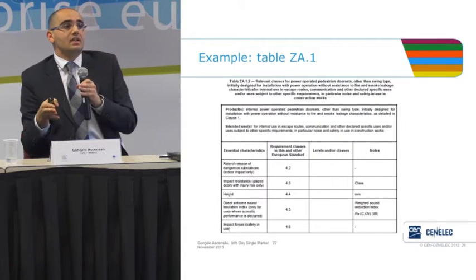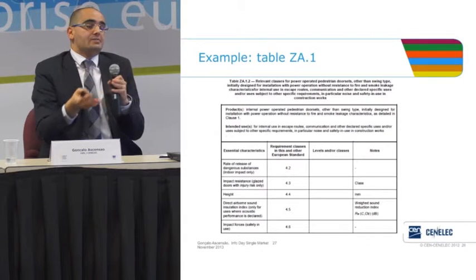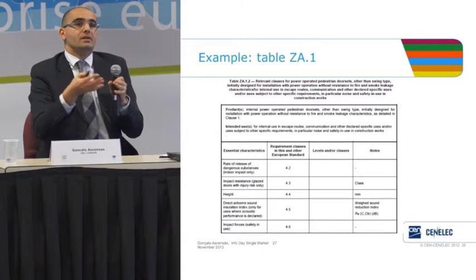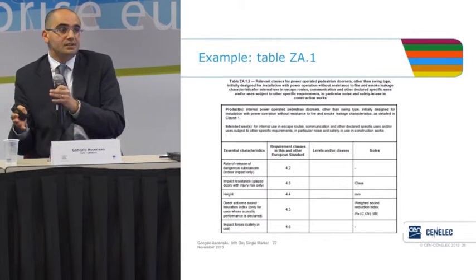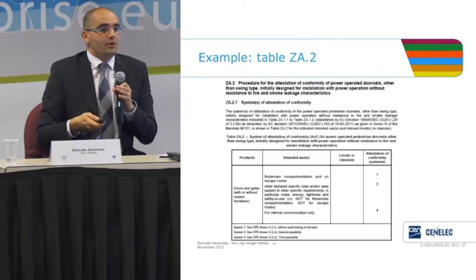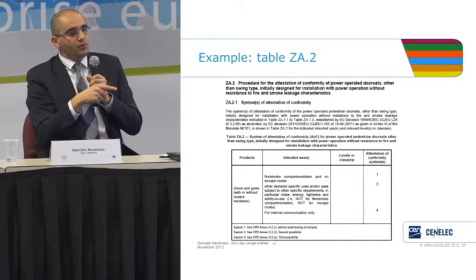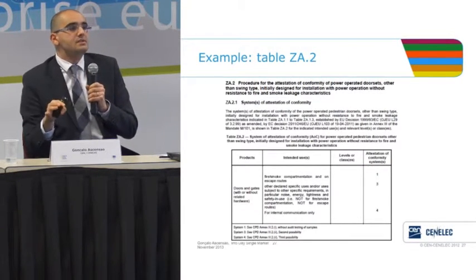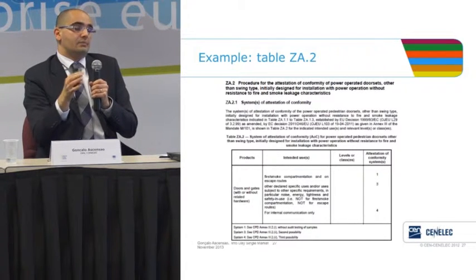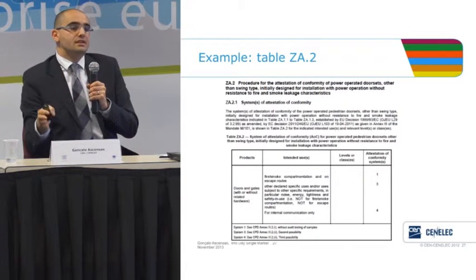And also at the technical level, the experts may also propose to the Commission and the member states that some characteristics, for instance, are not relevant for a certain intended use. Now, as I said before, the mandate identifies which are the systems that are applicable for a certain product and intended use.